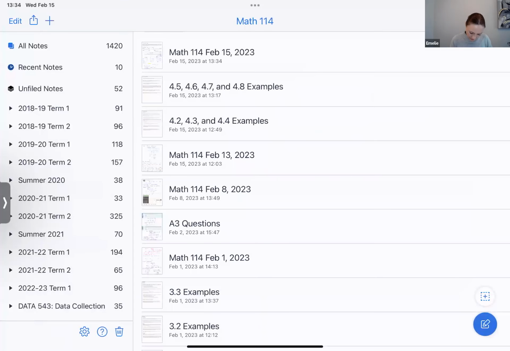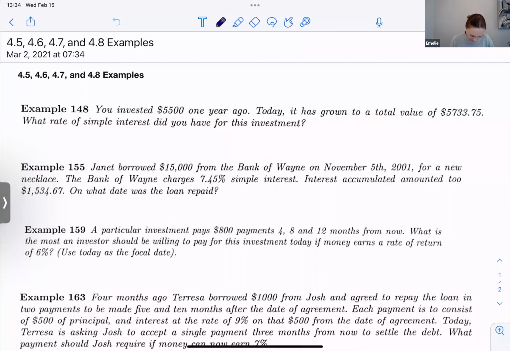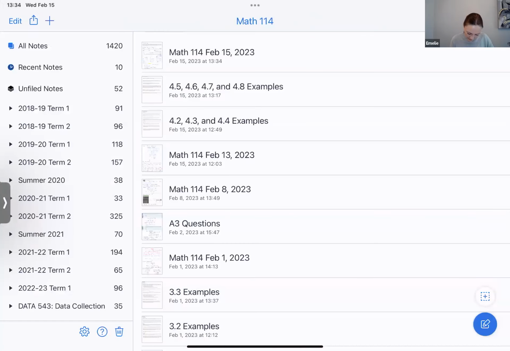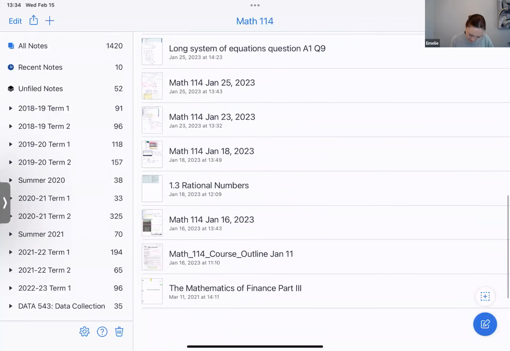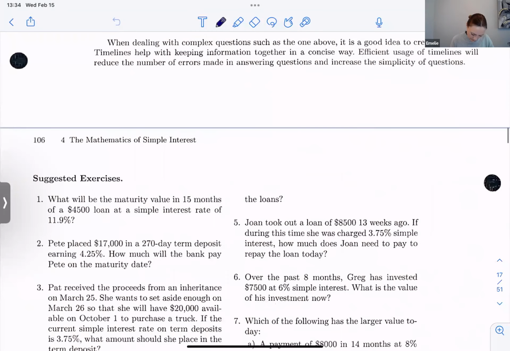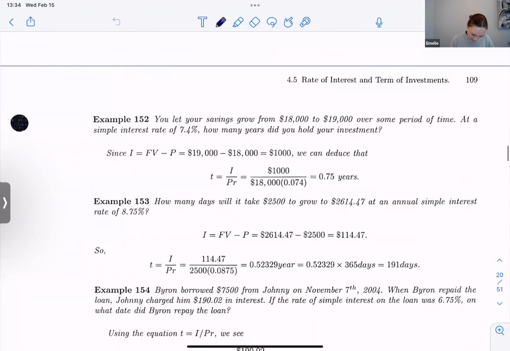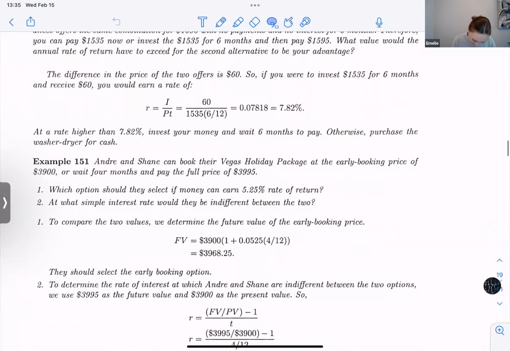The next example that I want to do, I don't think I have it in here, so I'll have to add it in, 151. But I like it, so I'm going to keep it. Where is it? 151.